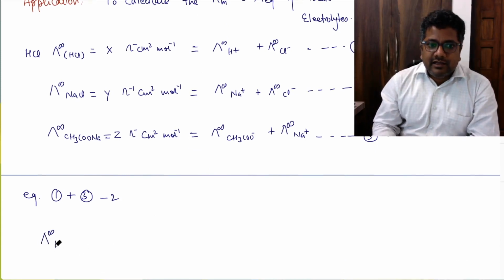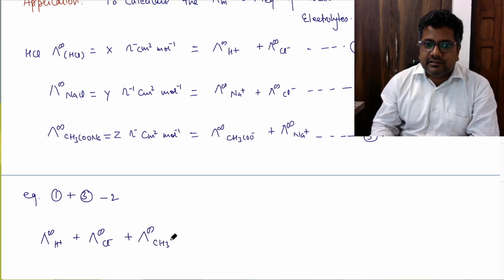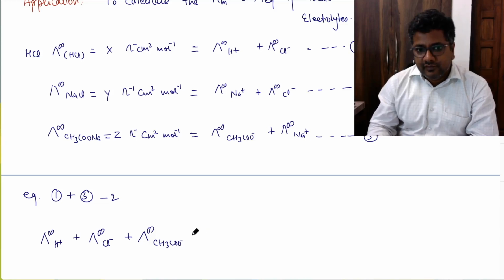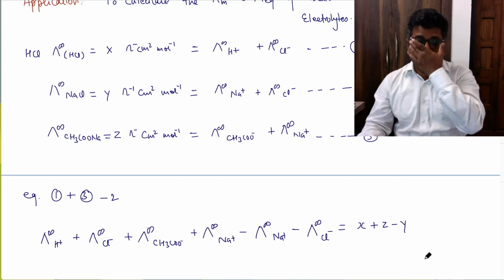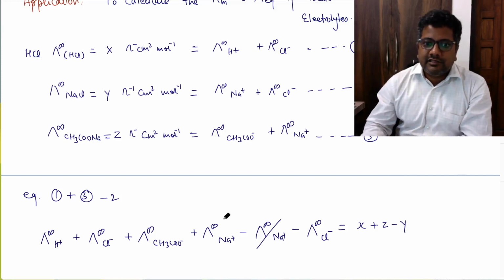Lambda infinite H plus lambda infinite Cl minus plus lambda infinite CH3COO minus plus lambda infinite Na plus minus lambda infinite Na plus minus lambda infinite Cl minus. This is equal to x plus z minus y. Now see, this Na plus cancels, this Cl minus cancels.